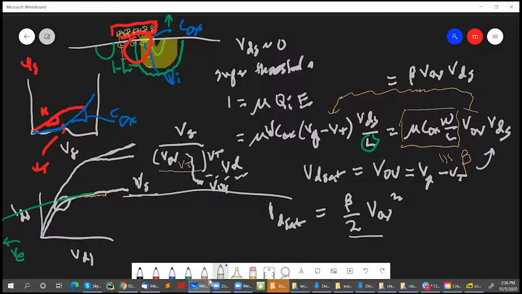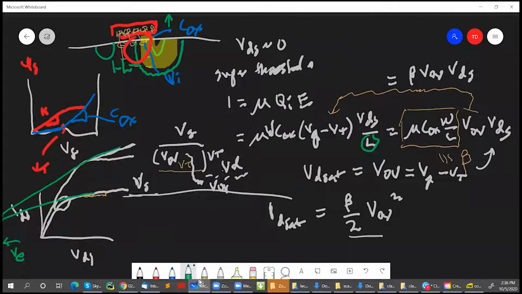It means that these curves, because it's a geometrical effect, will tend to intersect at the same early voltage. And so the saturation drain conductance is also proportional to the current, just like the subthreshold conductance is proportional to the current.